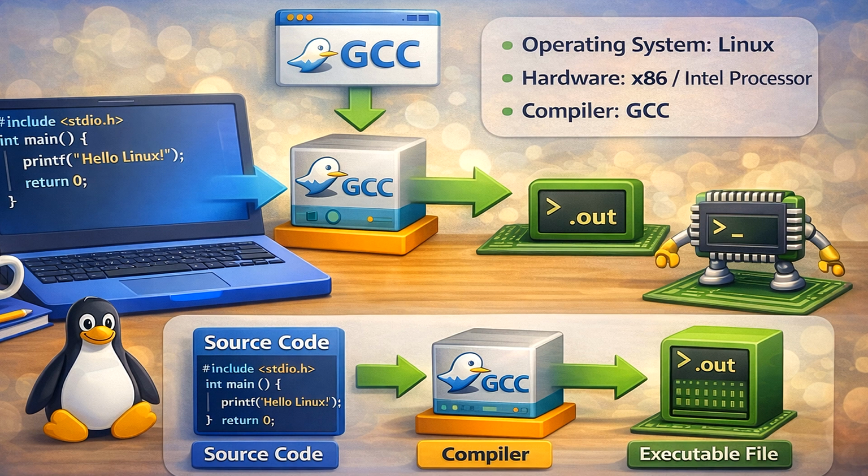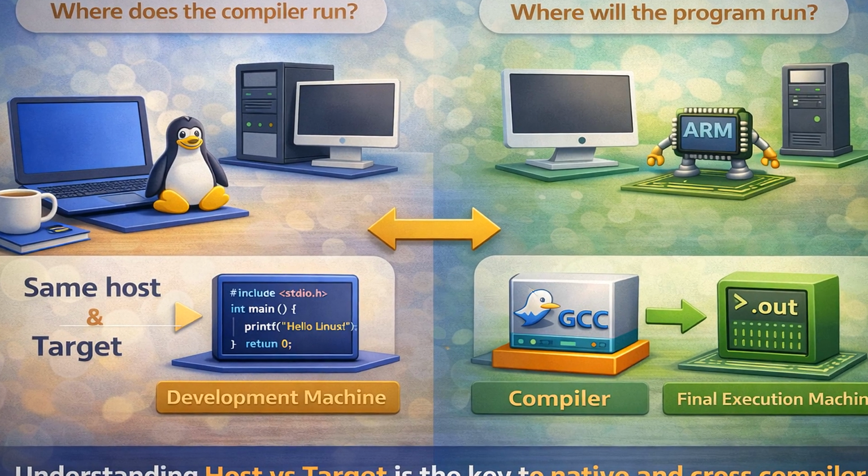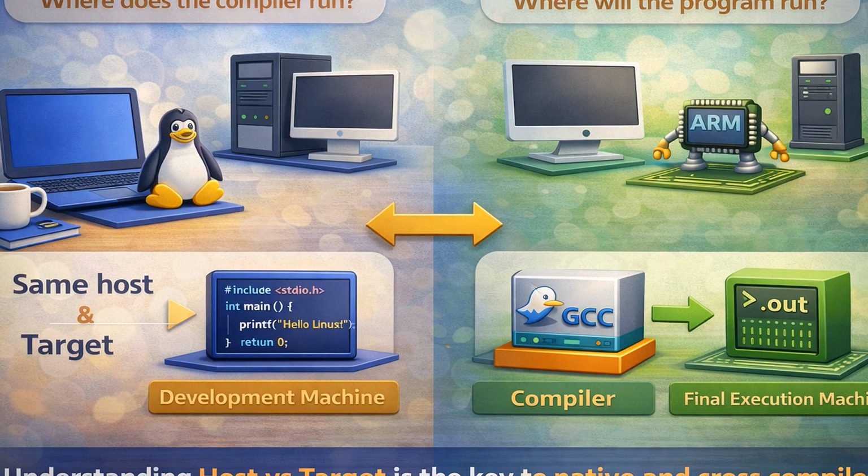In this case, you write the program on Linux, the compiler runs on Linux, and the compiled program also runs on Linux on the same machine. This is a common desktop software development case. So the compiler is running in one environment and producing executable code for the same environment. This leads us to a very important concept, the native compiler. Before native and cross compiler, we must understand two terms, host and target.